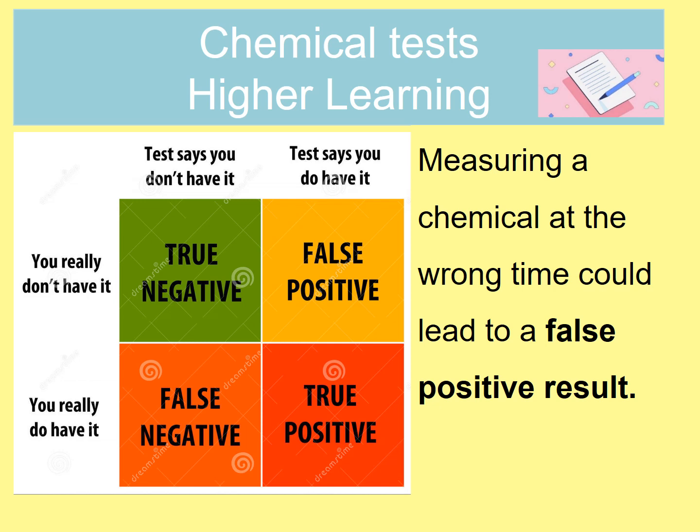Some medical conditions are indicated by the presence of certain marker chemicals in blood and urine. However, these marker chemicals vary during pregnancy.